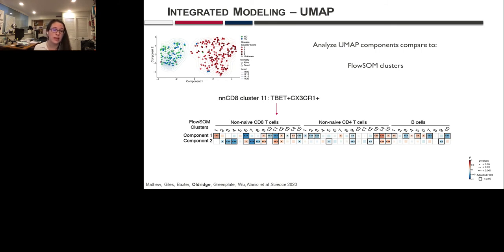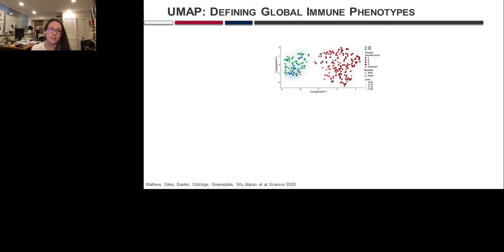Then there is a non-naive CD8 cluster, cluster 11, that expresses both TBET and CX3CR1. So these are the activated effectors. Here, cluster 11 is negatively correlated with component 1, but positively correlated with component 2.